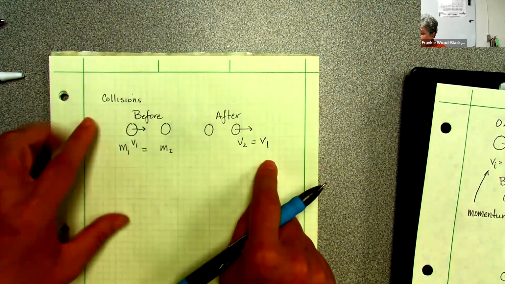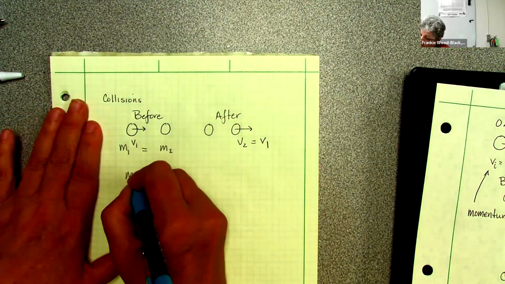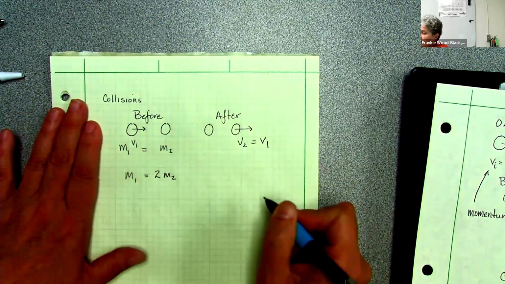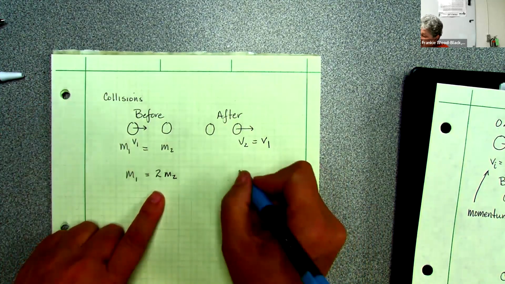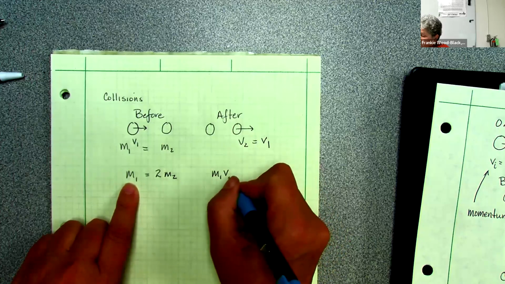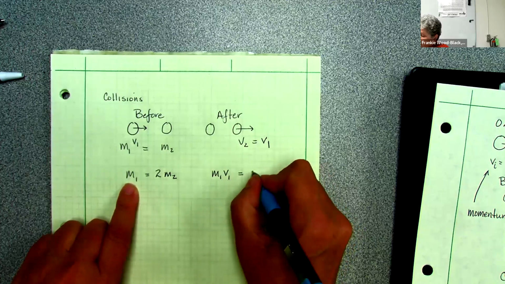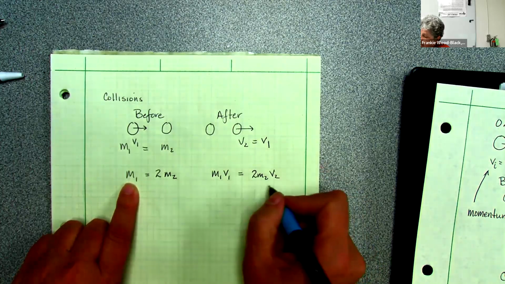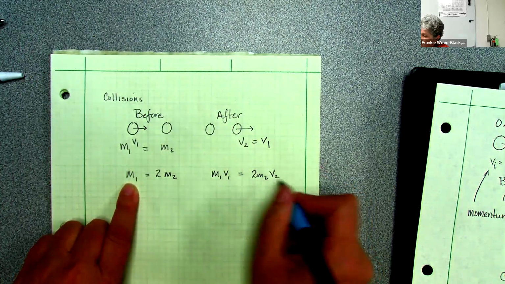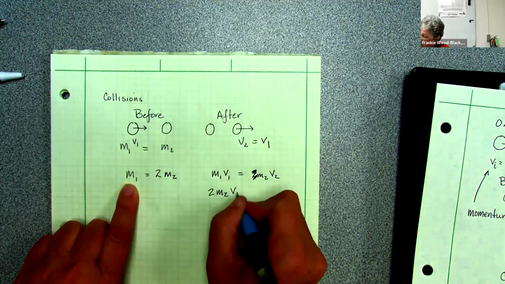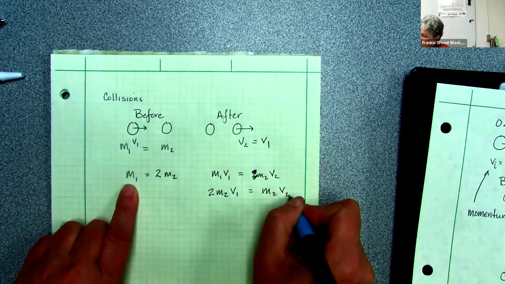We've played this game before, where if mass 1 is twice the mass of 2, then what happens afterwards is I'm going to have M1V1 equal to M2V2. I plug in 2M2V1 equal to M2V2.